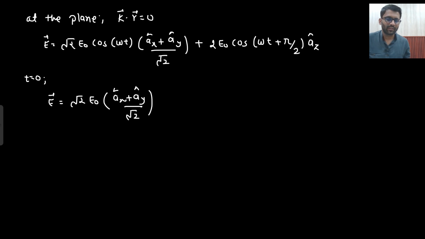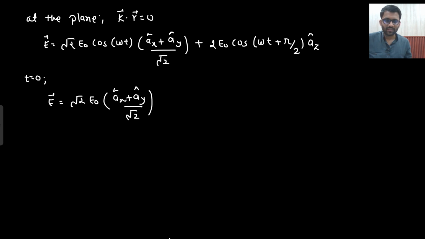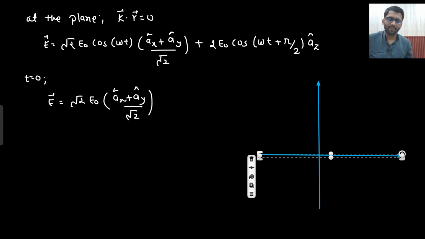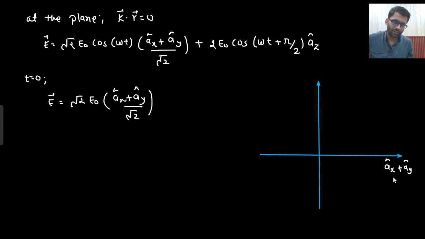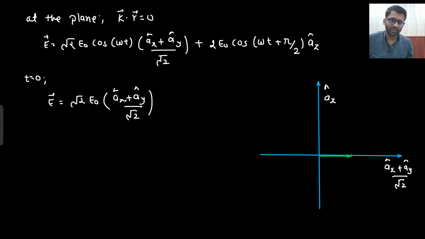So this is what you are getting. Let me make this graph here only, divided by under root 2, and this is your az cap.